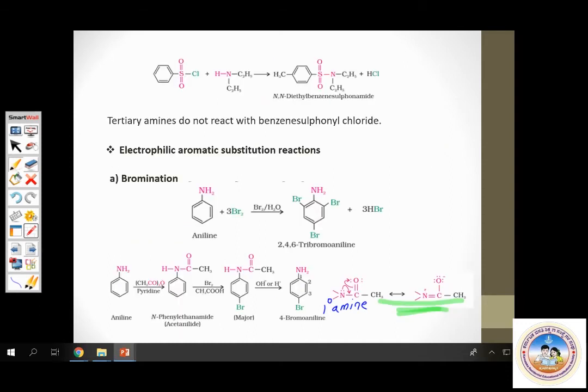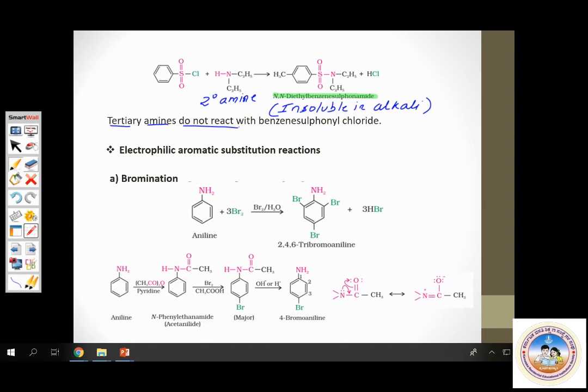For a secondary amine, the precipitate will be insoluble in alkali. So that's the difference. Tertiary amines do not react at all. Important point. Right. So then you have simple electrophilic substitution reactions.